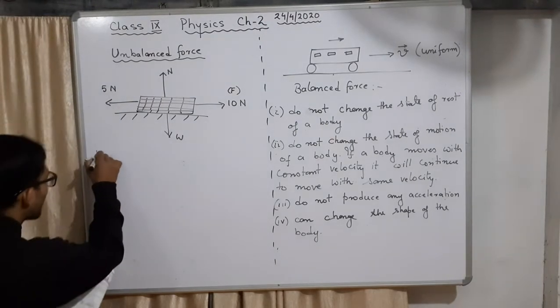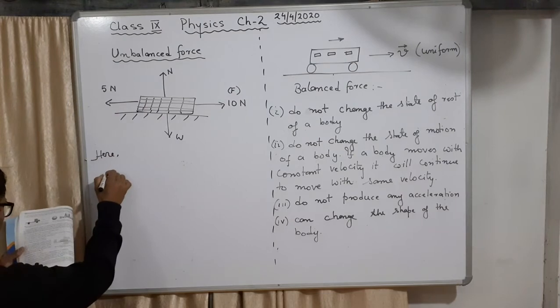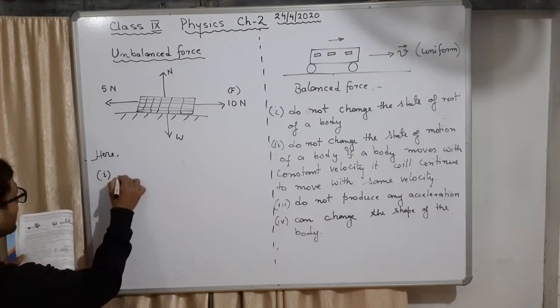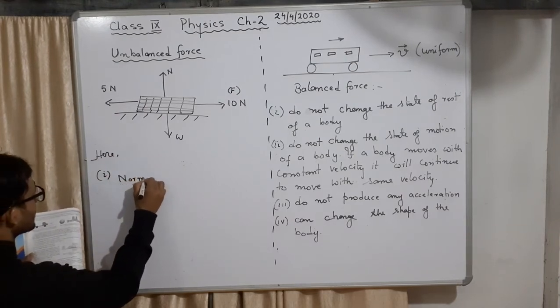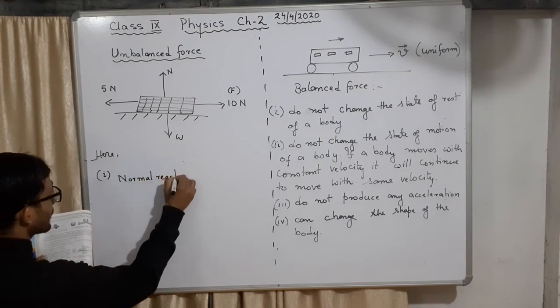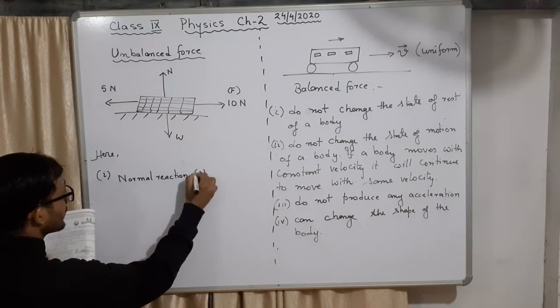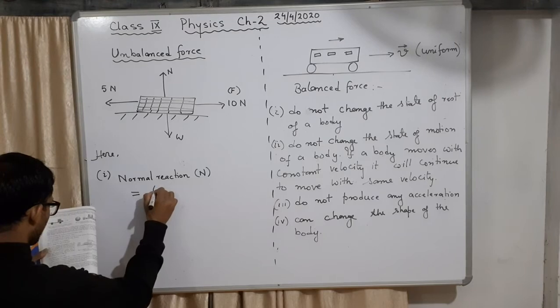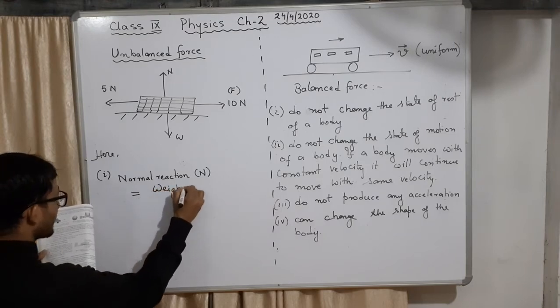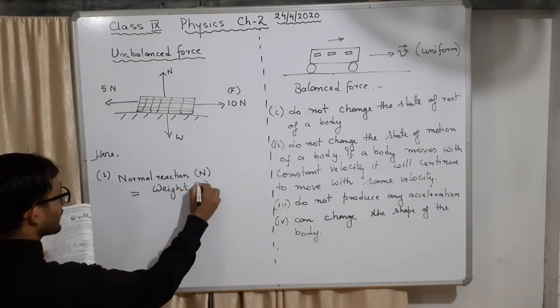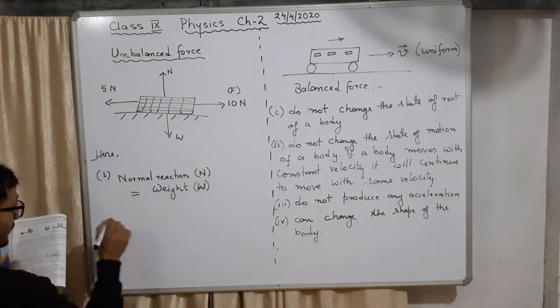Here, what happens? Number 1, the normal reaction N is equal to the weight W, balanced, no change.